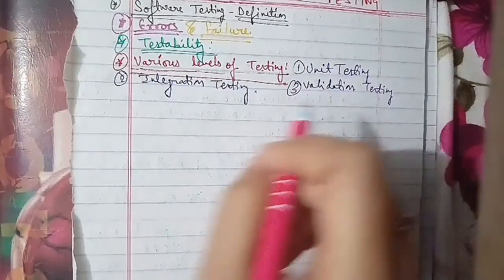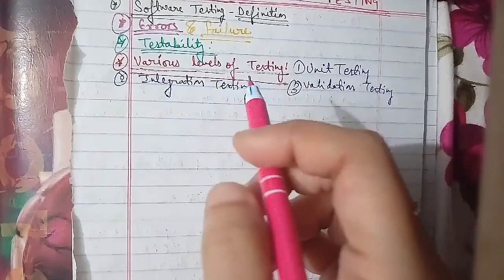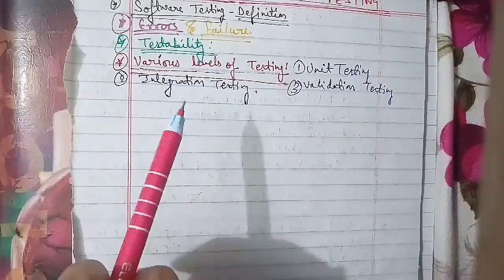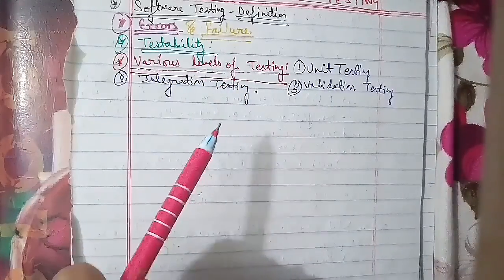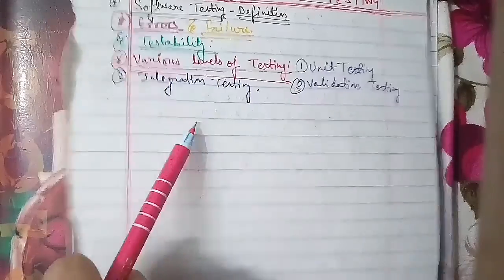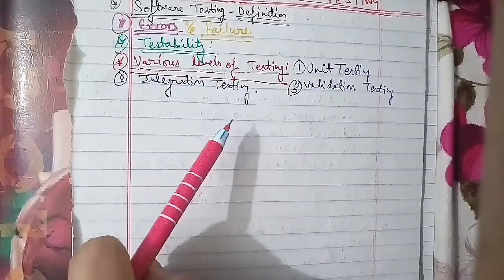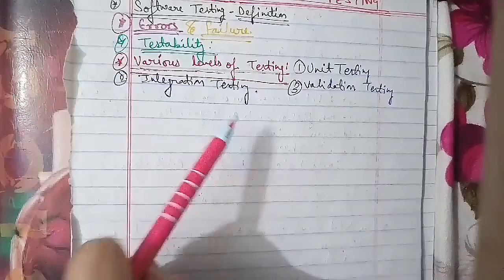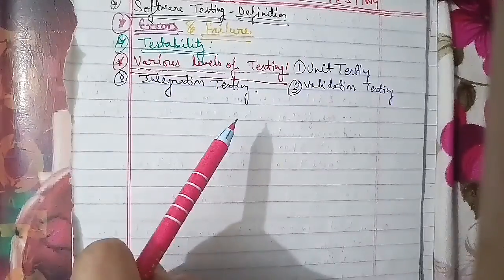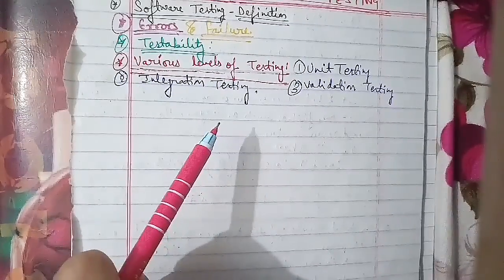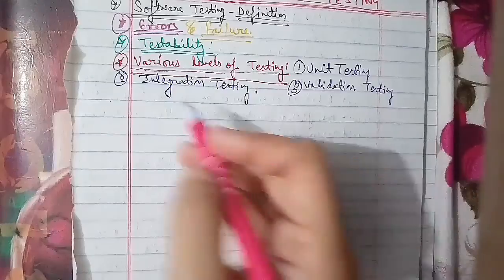In terms of validation testing, it provides assurance that the software validation criteria established during requirement analysis meet all functional, behavioral and performance requirements as well. We'll go ahead to another one, which is your system testing.